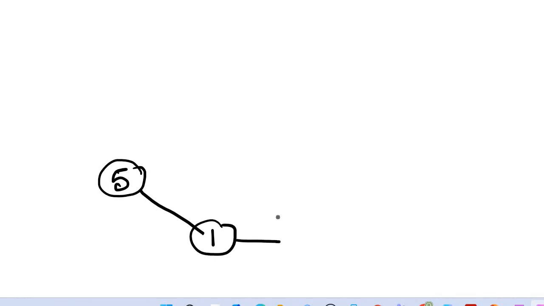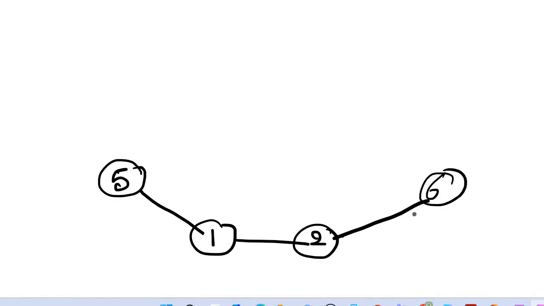To calculate the final cost, I have included 5 to 1, 1 to 2, 6, and now 4.